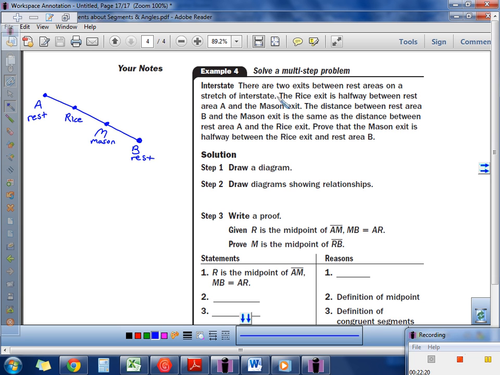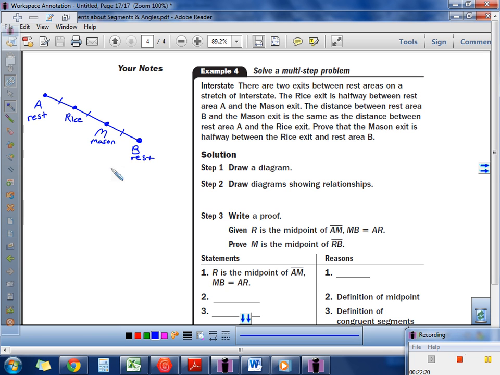A and R. Also, Rice and M. It's halfway between A and M. Good. The next one, the distance between B and Mason is the same as A and Rice. So this distance is the same as this one. So it should also have a single mark. So it's putting it all together. You have to read and understand what it's saying. So this is comprehension.